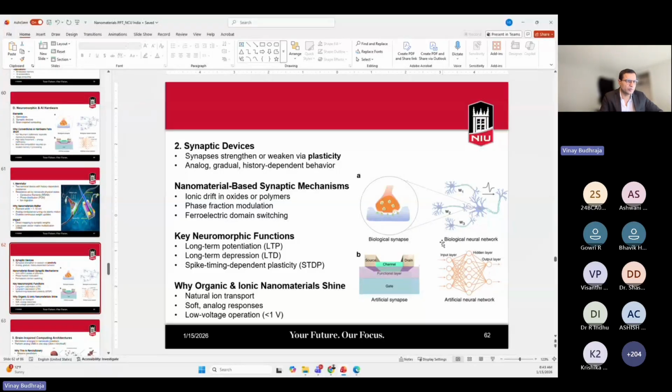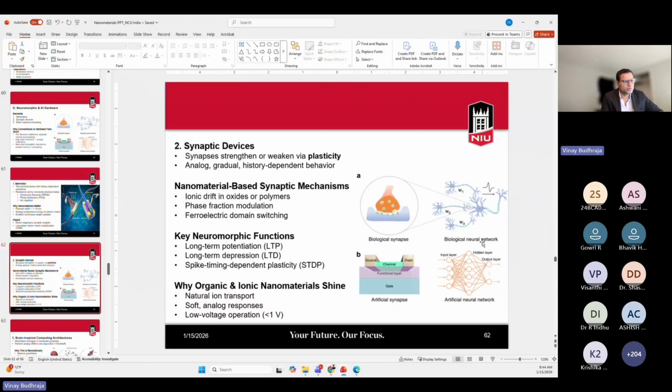The figure shows the biological synapses attached to the biological neural network. Key functions are long-term potentiation, long-term depression, and spike-timing-dependent plasticity.